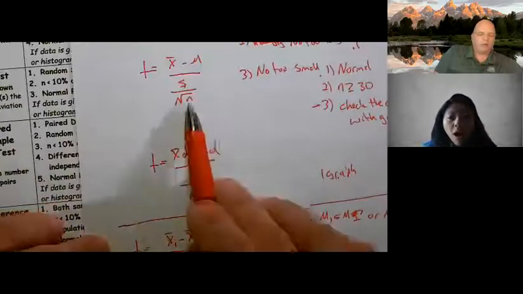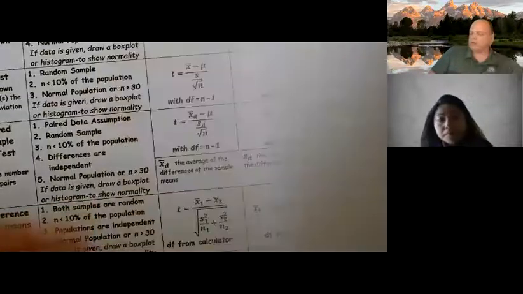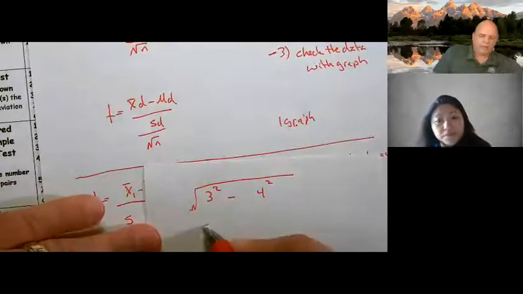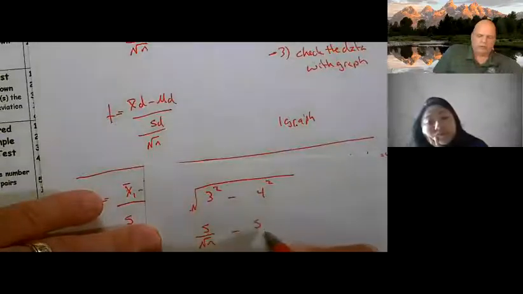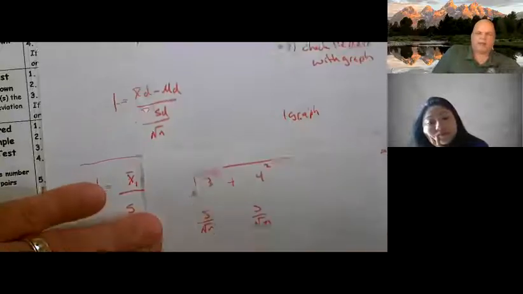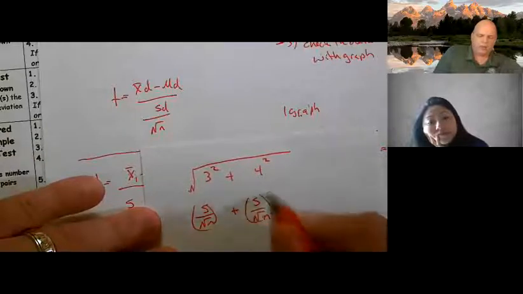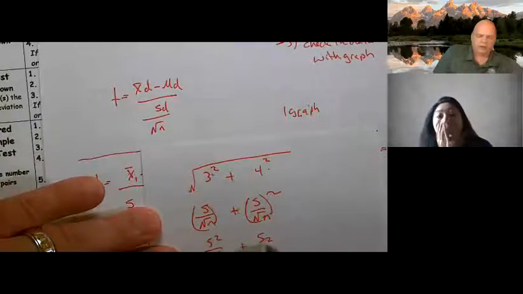And so then I was like, oh, what was my standard deviation? Well, it was s over the square root of n. But remember, I have s over the square root of n minus s over the square root of n. Well, we can't ever subtract them. We have to add them. So this becomes added. So then I end up squaring these two things because that's what we had to do. So this becomes s squared over n plus s squared over n.